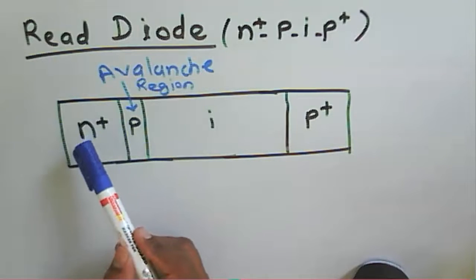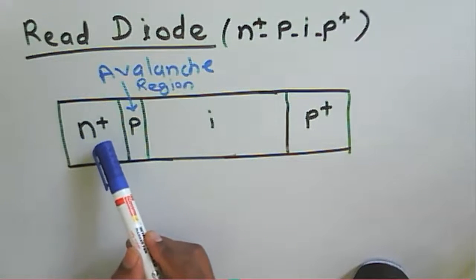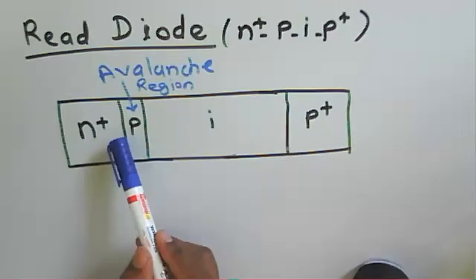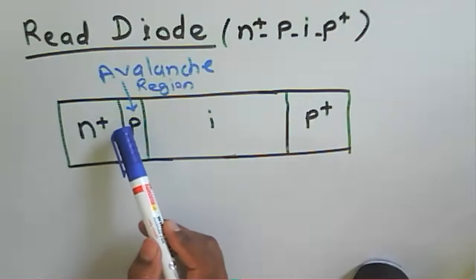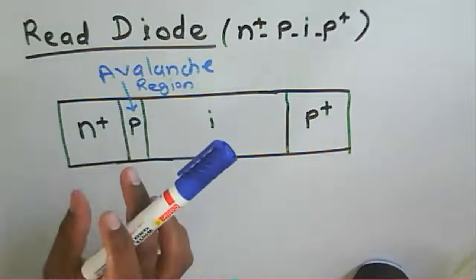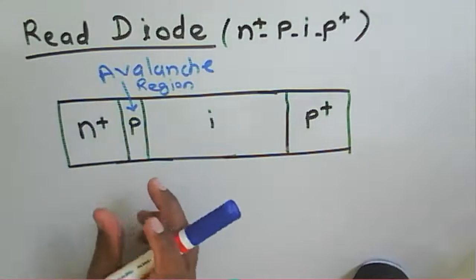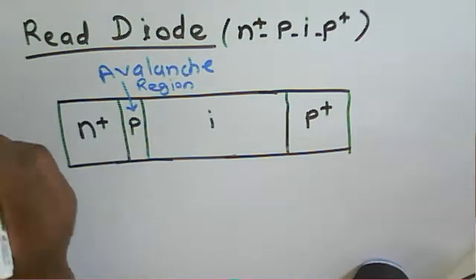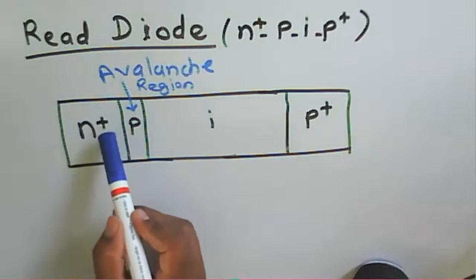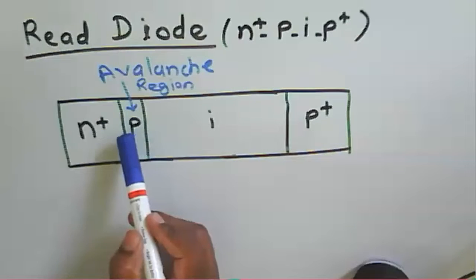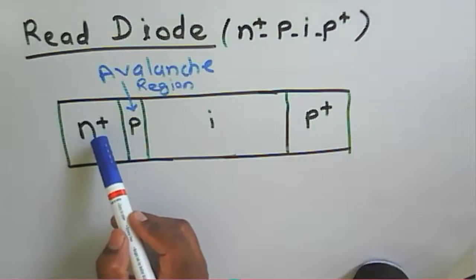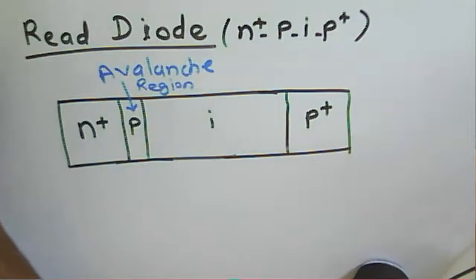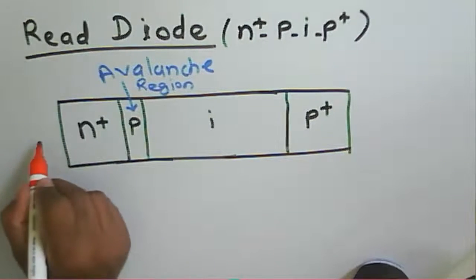Now what happens here? This junction is formed using the n plus p. When we apply a sufficient DC bias voltage at this junction of the n plus and p region, the bias applied is a reverse bias.